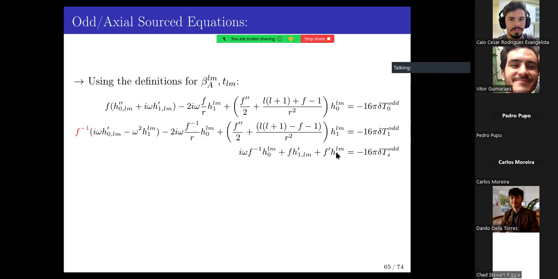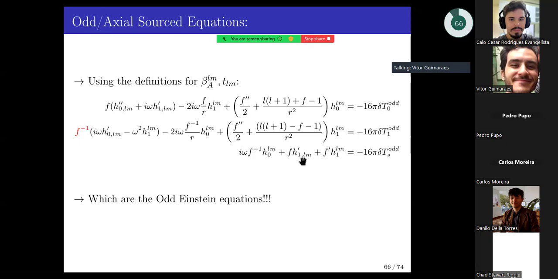To do so, we need to perform some combinations so that we write either H0 or H1 in terms of the other, which is relatively simple to do, at least for the odd part. For the even part it is a little more involved and convoluted. But one can also prove that these three equations are not independent of each other.